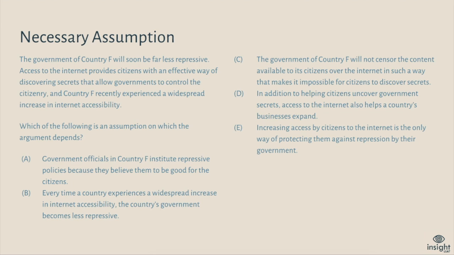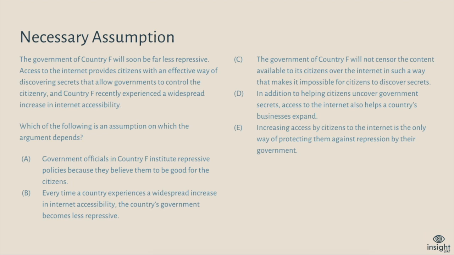Remember the necessary conditions we talked about last lesson? These were conditional statements with only if, and they described conditions that had to be in place if a certain outcome was to come about. Well, this is a similar question type that makes use of a similar idea.